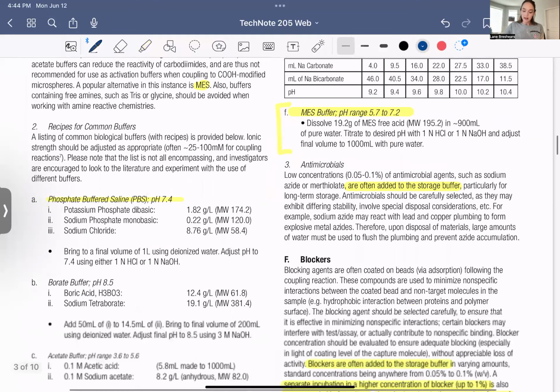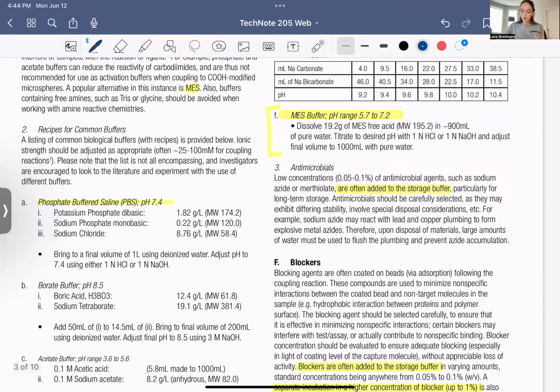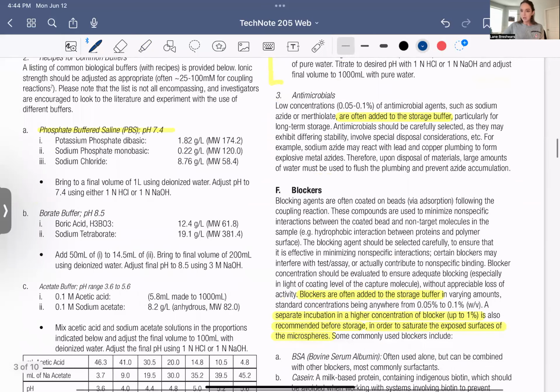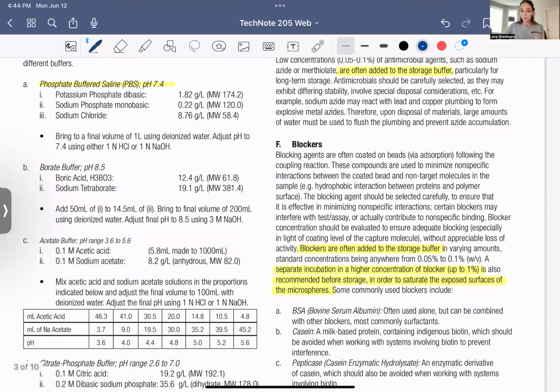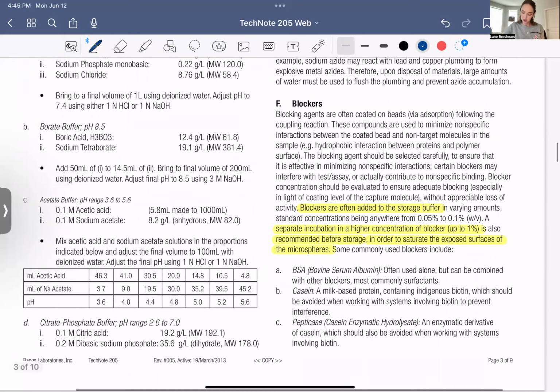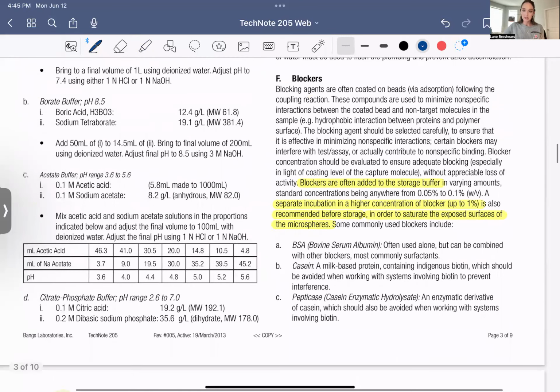So sometimes you can add an antimicrobial to the storage buffer, particularly for long-term storage. Antimicrobials should be carefully selected as they may exhibit differing stability, involve special disposal considerations, etc. Take that into consideration. Something else that you can add to your long-term storage solution are blockers. And this is the last step in all the protocols.